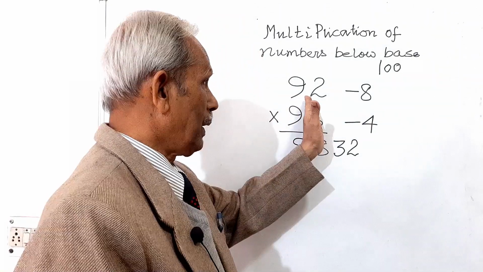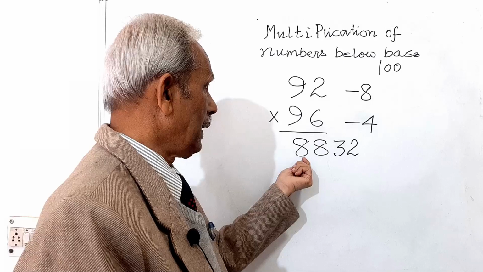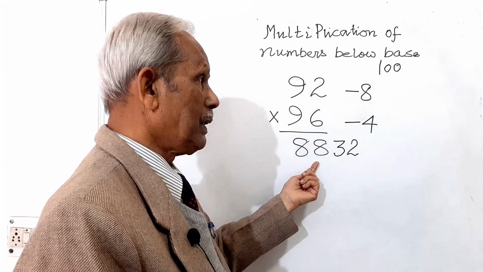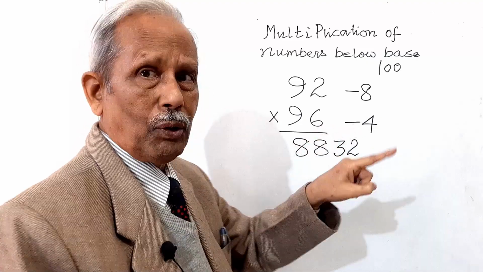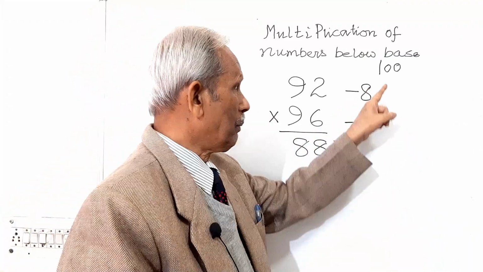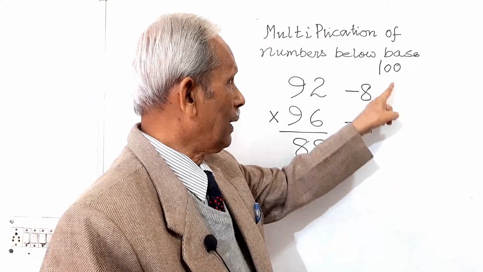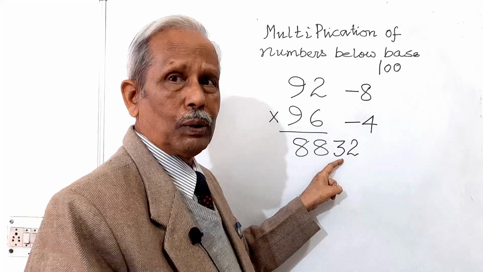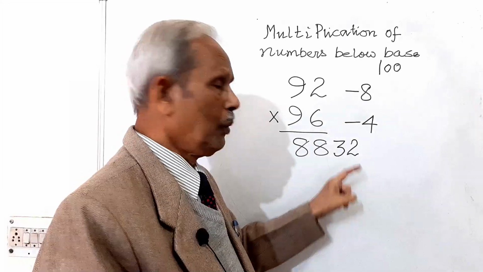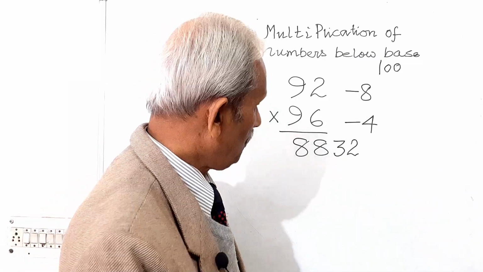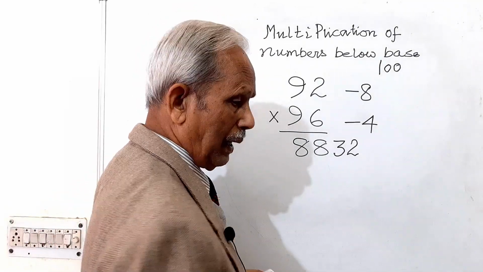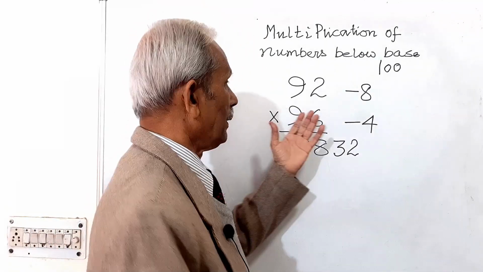The first part you have done, 92 minus 4 is 88. 96 minus 8 is also 88. And the second part, the multiplication of minus 8 into minus 4 is 32. Now you should remember that there are 2 zeros here. Since there are 2 zeros, we can put 2 digits here, so there is no issue at all. We put 32 and the answer is 8832, right? It's quite simple and in fact, we can do it mentally.